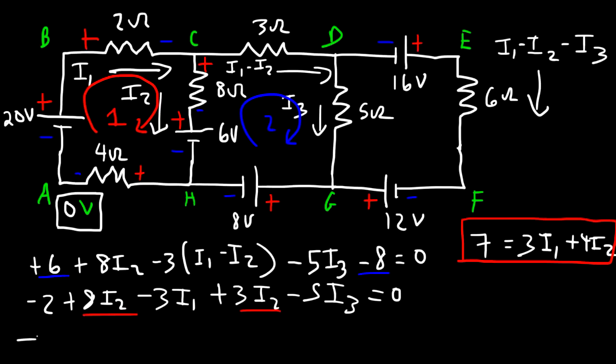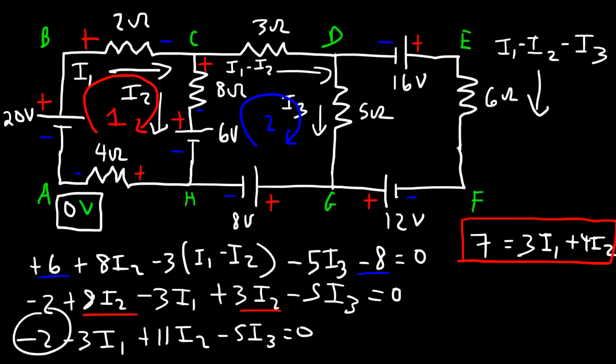So right now we have negative 2, and then minus 3I1, 8I2 plus 3I2, that's 11I2, and then minus 5I3. So I'm going to move the negative 2 to the other side. So this is the second equation that we have. Negative 3I1 plus 11I2 minus 5I3. That's equal to 2. So let's save that equation for later.